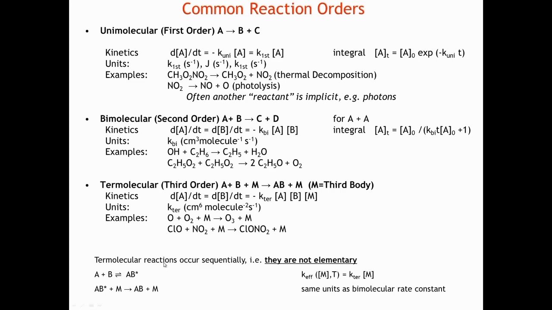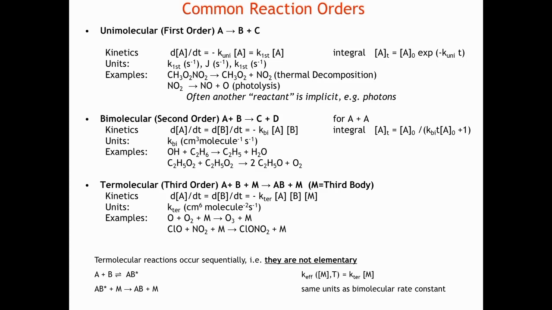So termolecular reactions are not elementary reactions. So remember that. They are not normally three things hitting each other at the same time. So termolecular suggests A hits B, hits M. So it suggests that there's a molecule of A, a molecule of B, and a molecule of M, and they all hit each other at the same time.